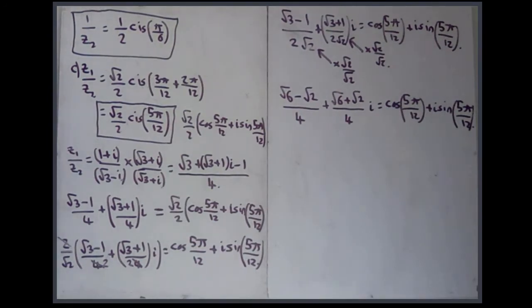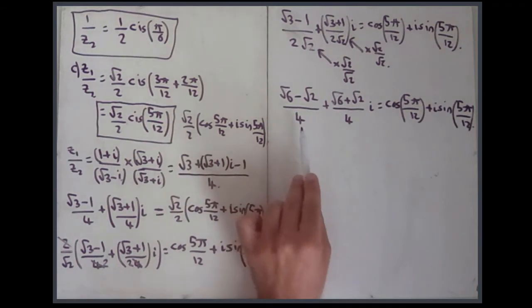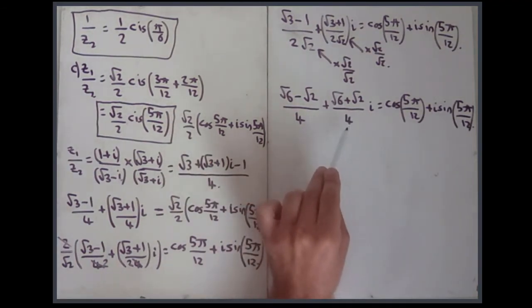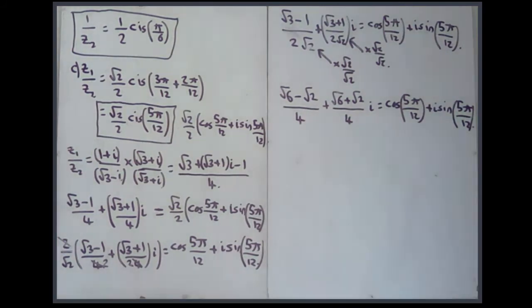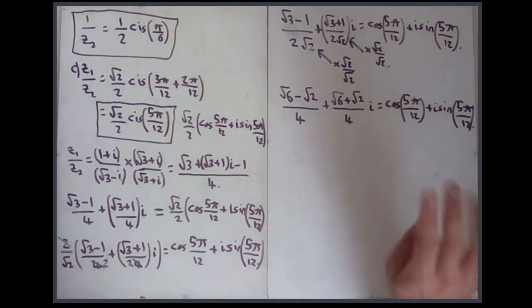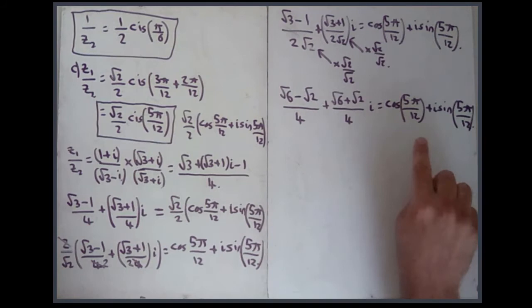Okay, so now if you just compare the left hand side to the right hand side, you've got a real part plus an imaginary part equals a real part plus an imaginary part, right? So you can equate the real parts on the left hand side and the right hand side, and you can equate the imaginary parts on the left hand side and the right hand side. And if you consider the right hand side, well, the real part on the right hand side is cos 5 pi by 12.